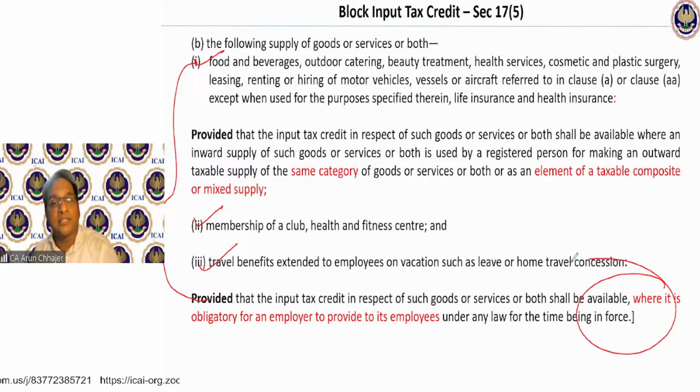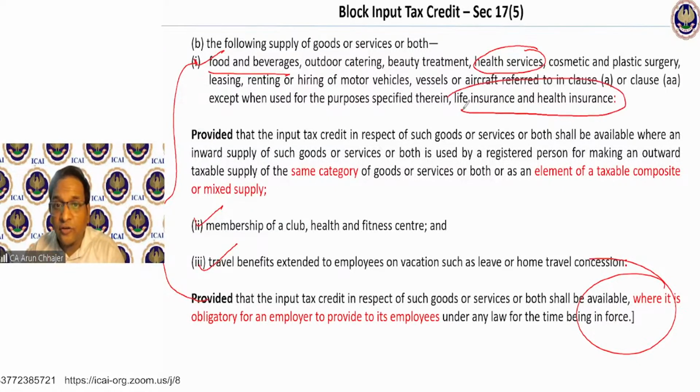It means, suppose it is a compulsion to provide food and beverages as per the Factories Act, let's say. Or it is compulsion by any other law to provide health service. During the COVID period, it was compulsory to take insurance for my employees. There was a certain period in which the Disaster Management Act was amended to include the insurance.